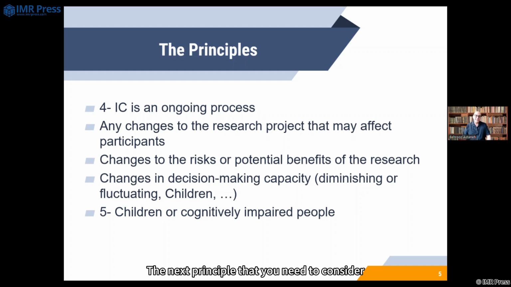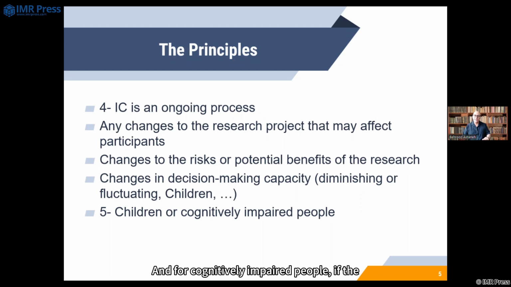The next principle that you need to consider when you are conducting your study is performing and conducting a study on children or cognitively impaired people. For children, you need to ask for the informed consent from the parents or from the guardians of the children.